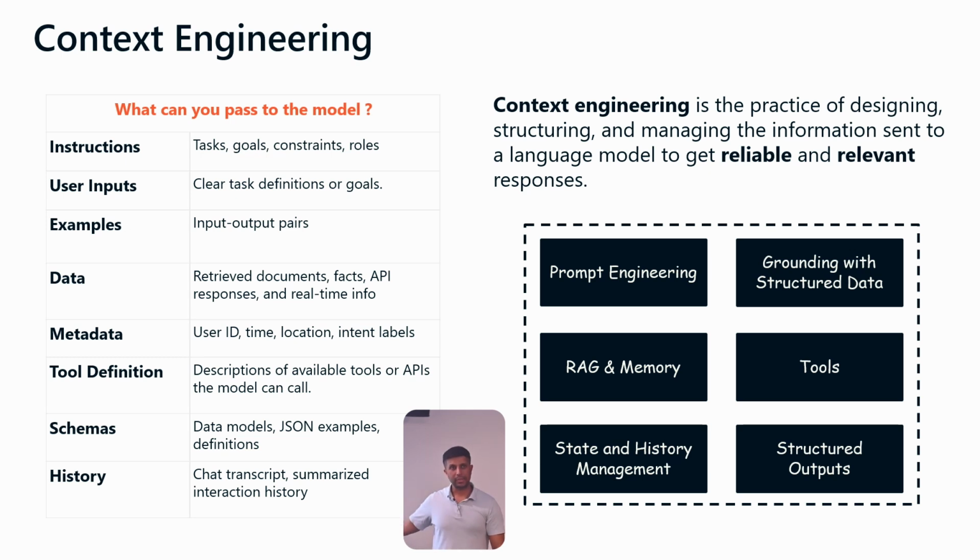And you can pass a schema to the model and ask the model to generate the output in that JSON format, so you can feed that into the next component in your solution when you're automating things. And history, we spoke about history. Passing the previous conversations would also be helpful.